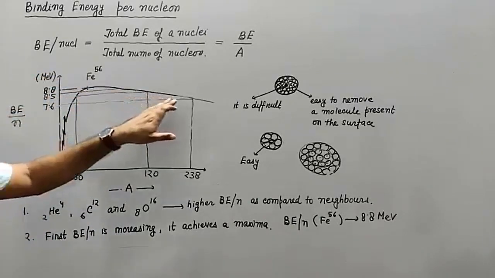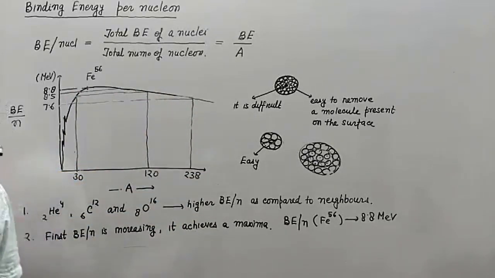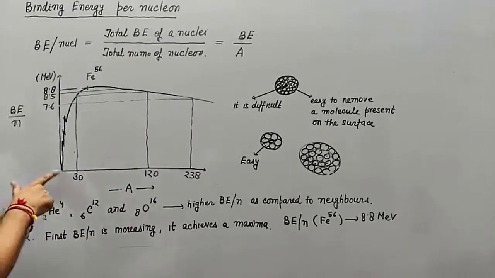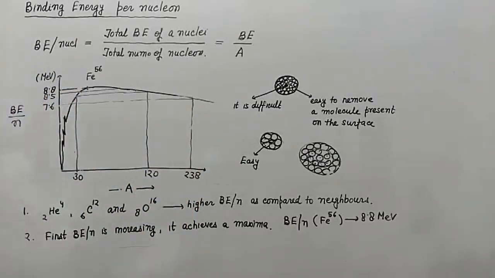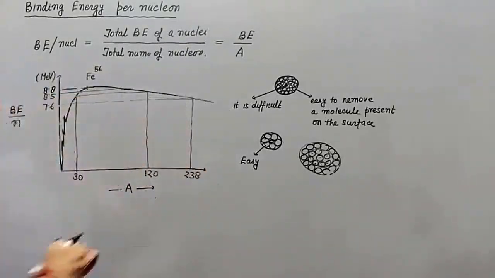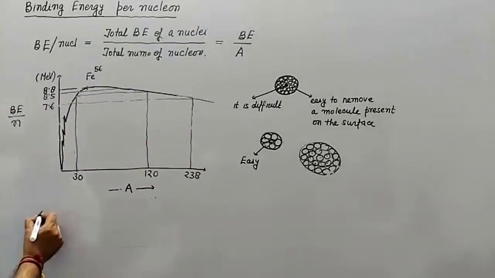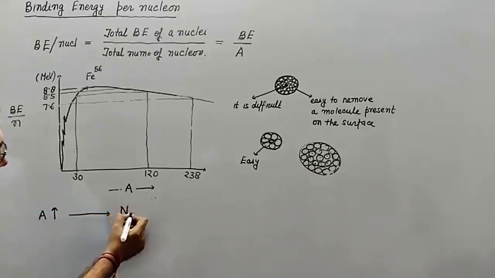Now come to the second part. Why is this binding energy per nucleon decreasing? The reason for this is, when you are increasing A, what is happening? The number of protons is also increasing.